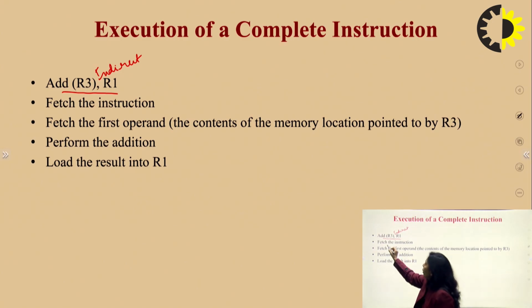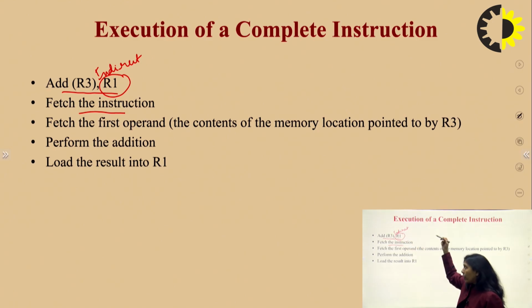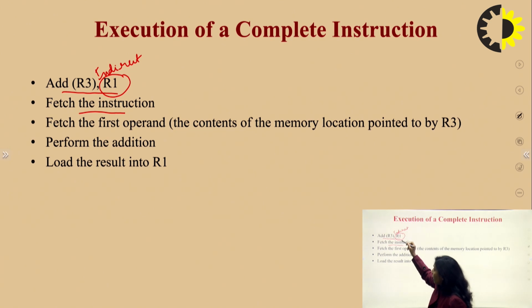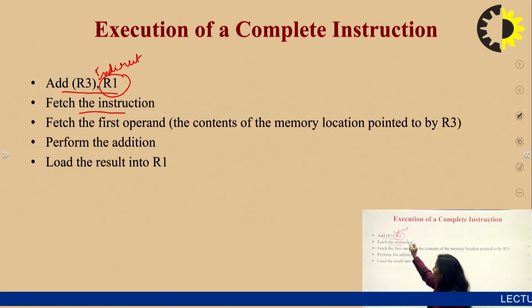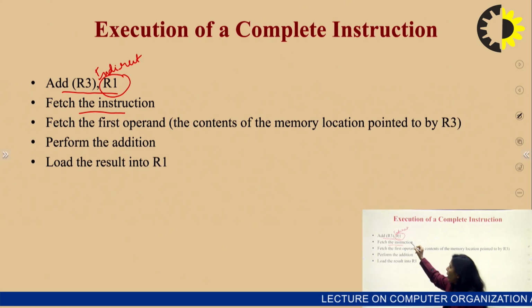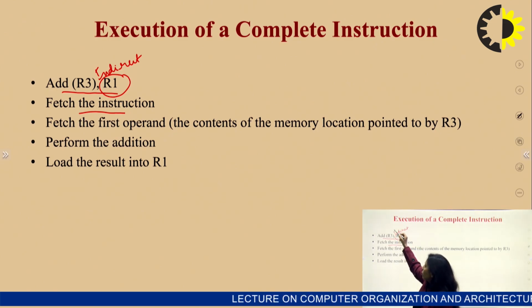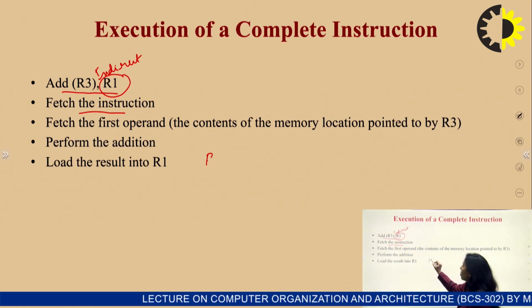So, we need to fetch the instruction first. Okay. That means somewhere the value is there in R1. It needs to be added to the value that has its address in R3. Finally, when the value of R3 is being fetched, that value is being added to the value that was in R1, and finally this value is stored to R3 itself.